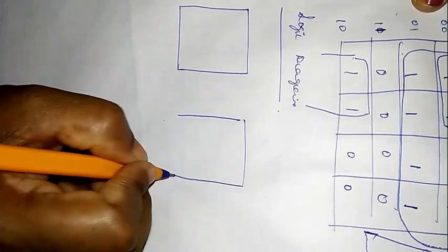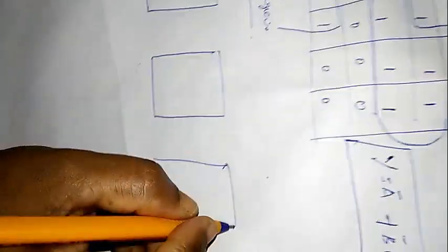Okay, the last step is we'll have to draw the logic diagram. It's very easy because we'll have to draw for the output, but the only thing is here, since we have 4 flip-flops, you have to draw the flip-flops.